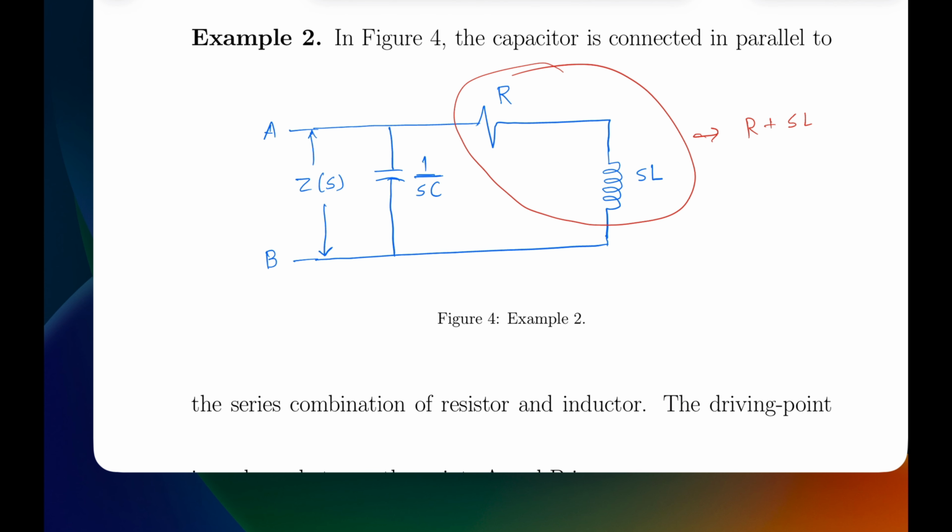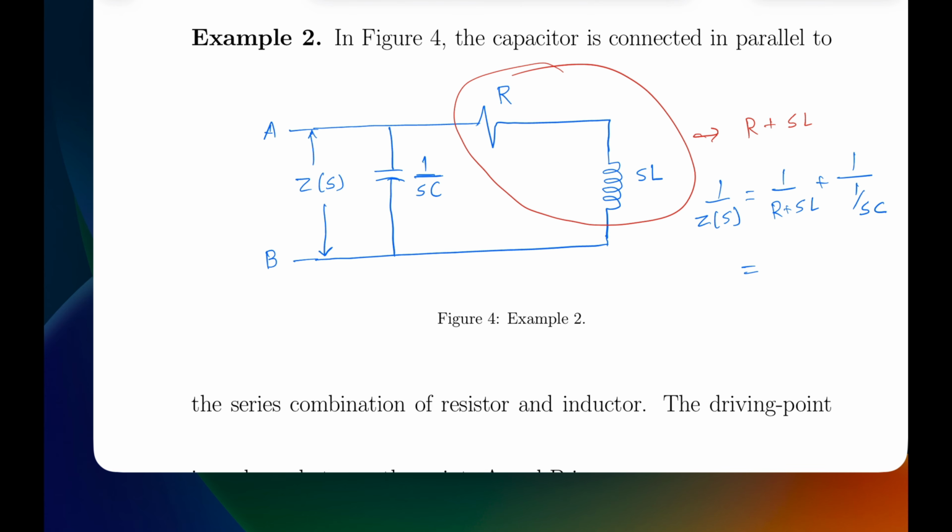So if Z(s) is the equivalent impedance between the points A and B, then we can write 1 upon Z(s) is equal to 1 upon R plus sL plus 1 upon 1 by sC.